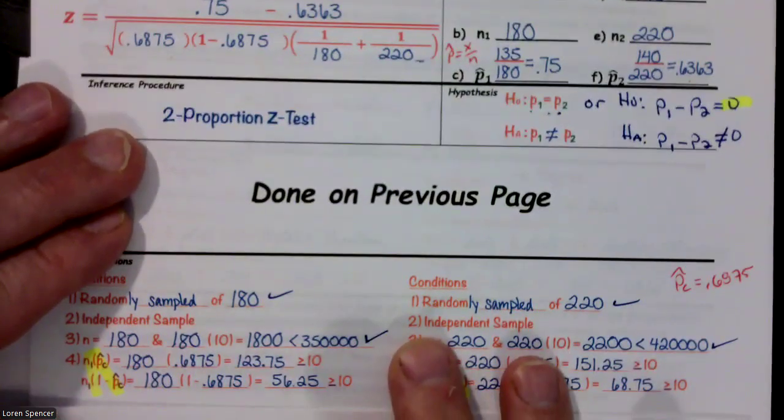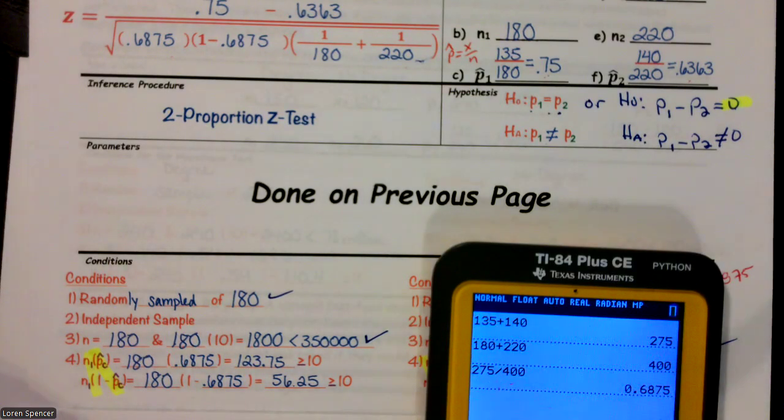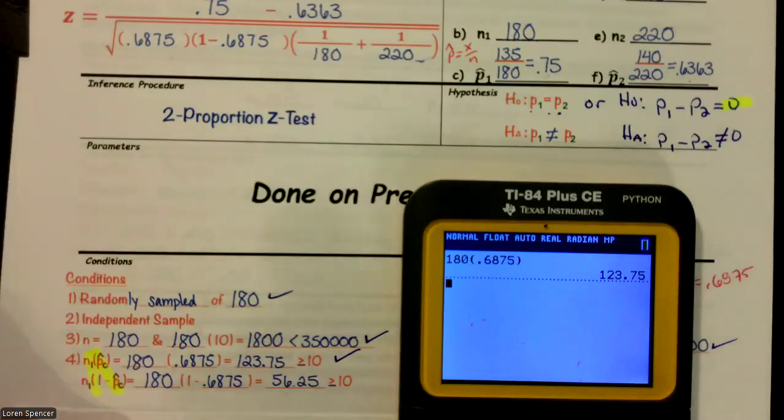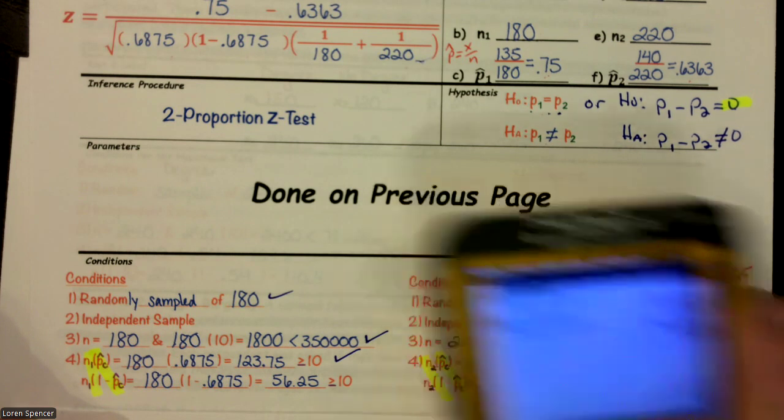So in this case, we have 180 and we multiply it times our P hat combined and we get 123.75. That's definitely bigger than 10. So this part is large enough. So now we need to check the other part. And we're going to go 180 parenthesis 1 minus 0.6875. And we get 56.